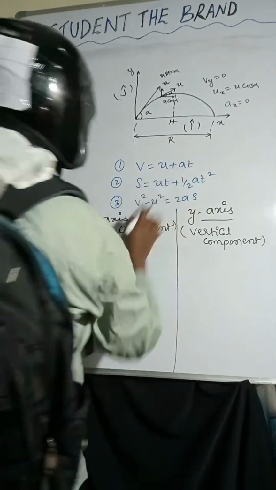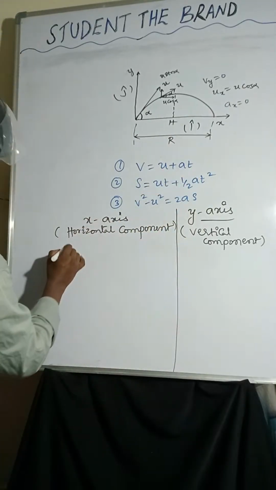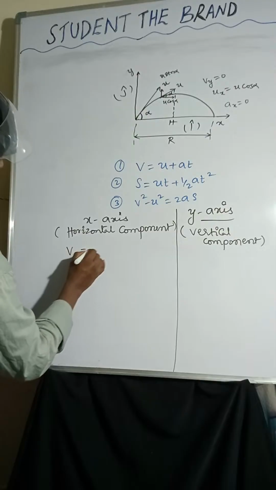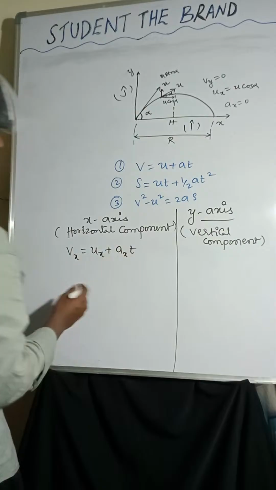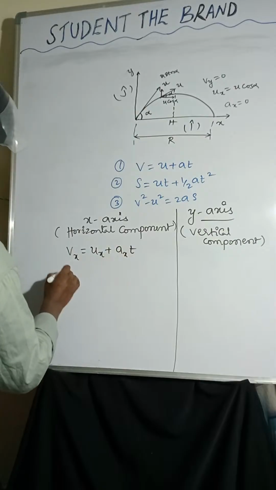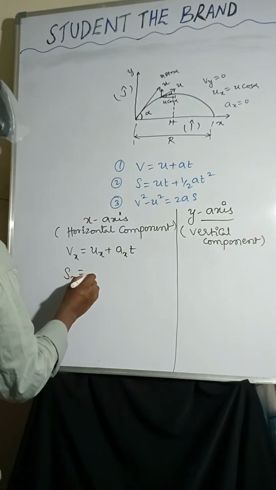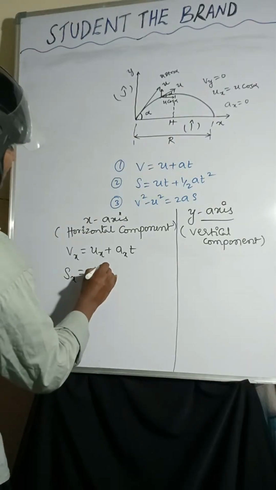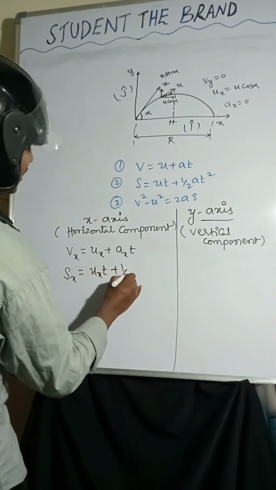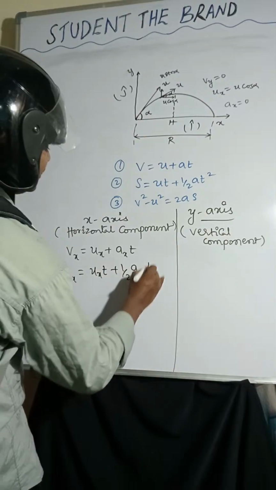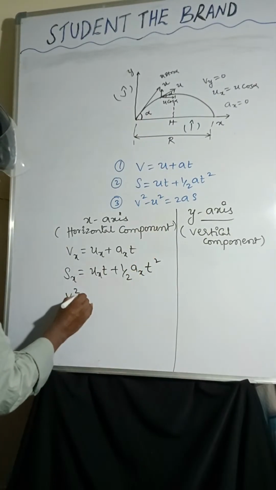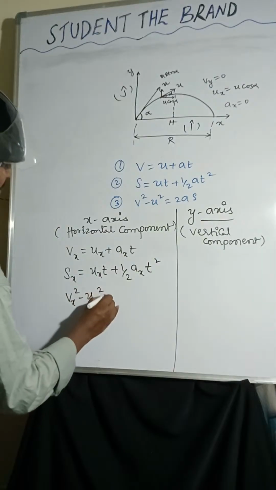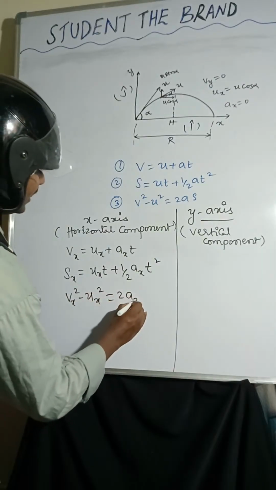Along the x-axis, Vx equal to ux plus ax into t. Anyway, the time is the same, right? So sx equal to ux t plus half ax t square, and vx whole square minus ux whole square equal to 2 ax sx.